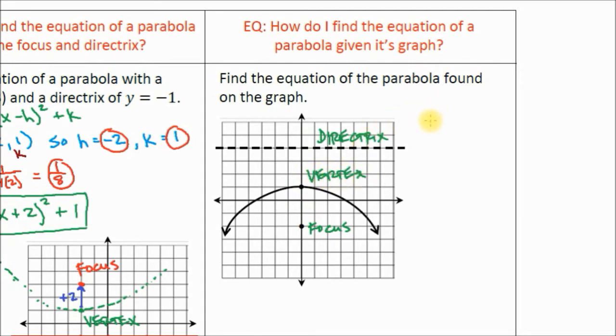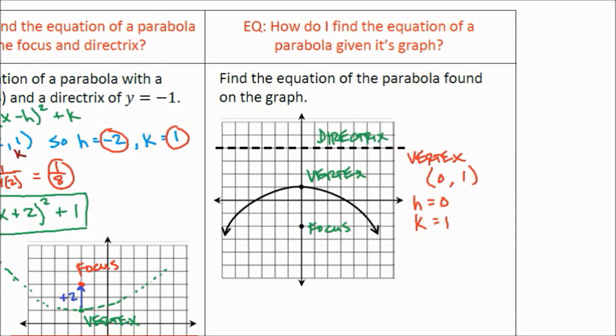So we can figure out right now that our vertex is at, looks like, (0, 1). That means our h value equals 0 and our k value equals 1. So we found h and we found k.